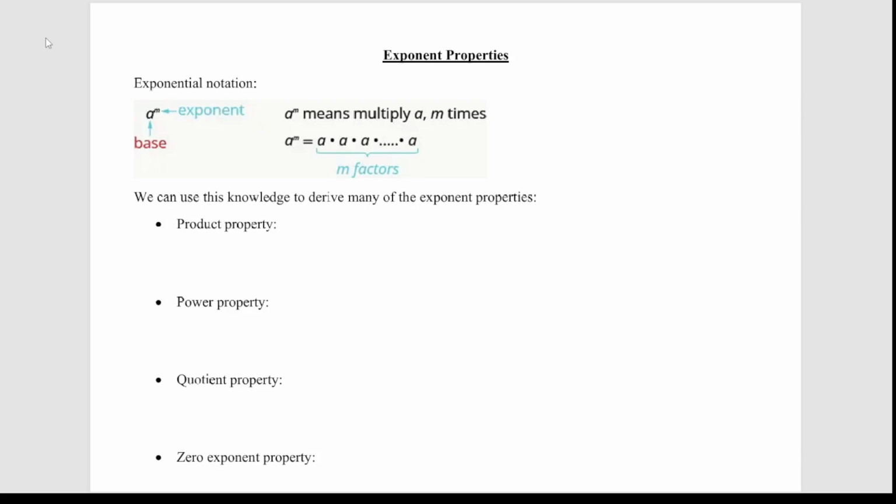In particular, all of this derivation is going to come from the fact that if we say 2 to the 4th power, that means that we're multiplying that base of 2 times itself 4 times.